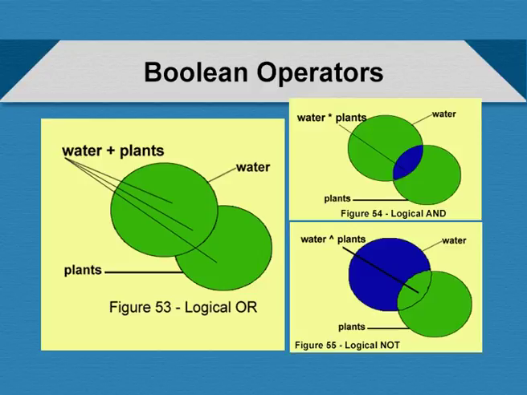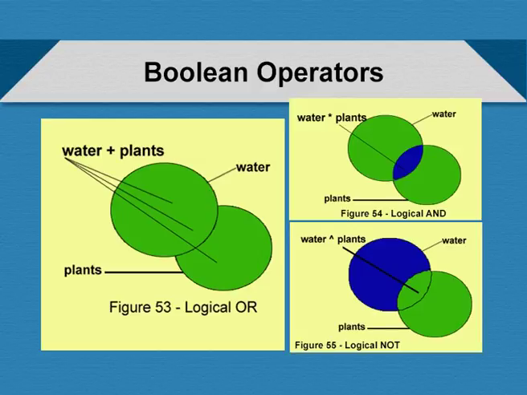In this way the OR operator is basically an inclusive operator. You want to have as many records as possible, whether they contain water or plant or both water and plant. So there are 3 sections covered: water only, water and plant, and only plant.